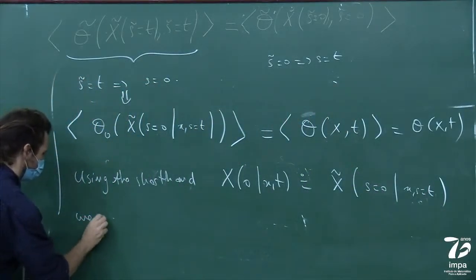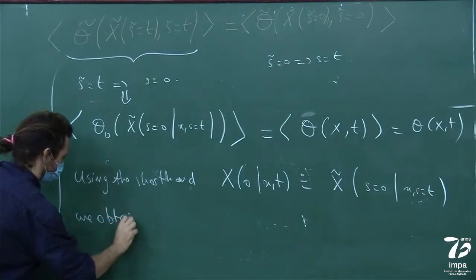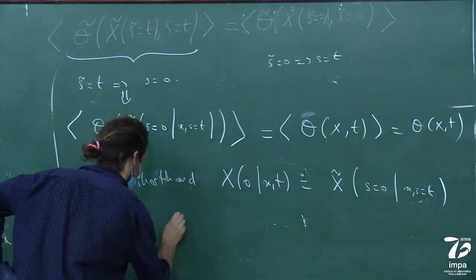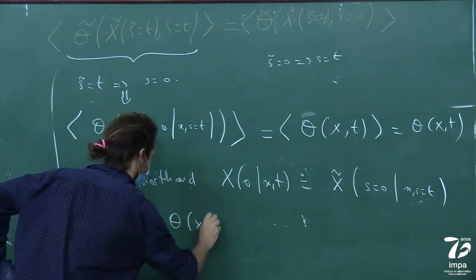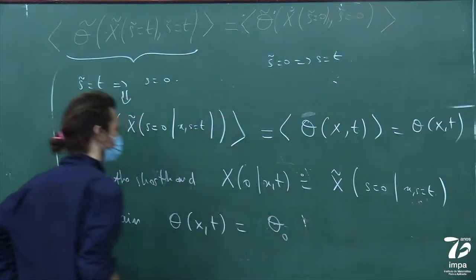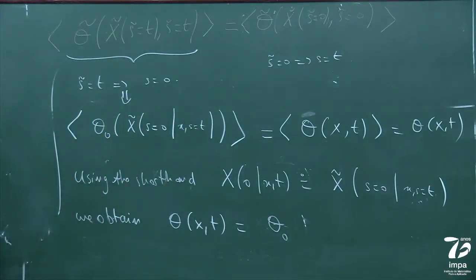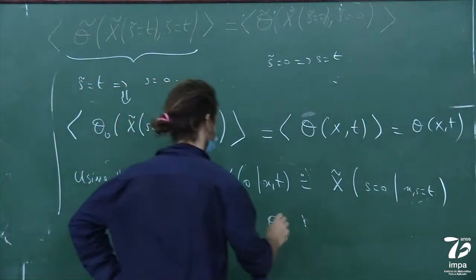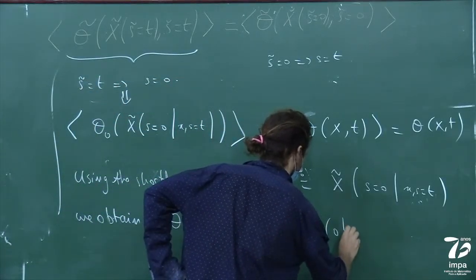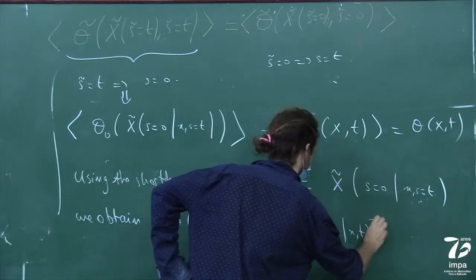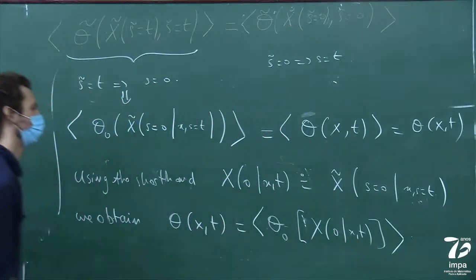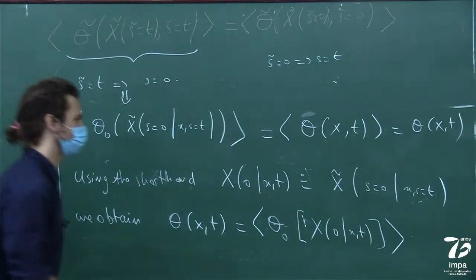We obtain exactly the result that was announced. That is to say that theta of xt is the value of the scalar at time 0 averaged over the trajectories which wind up at position x at time t.